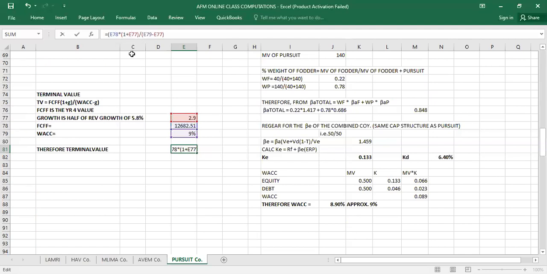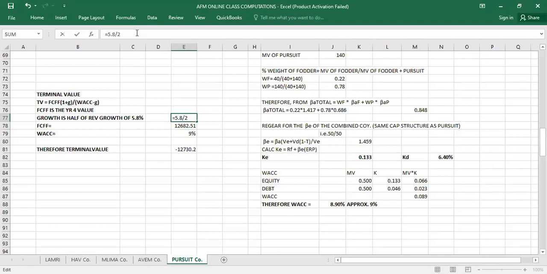Oh, this minus that. I think one of them is not in percent. Okay, that's the problem. It's me, I didn't put it in percent.